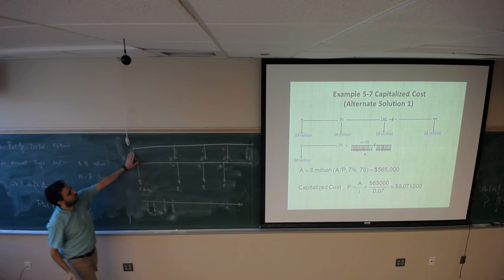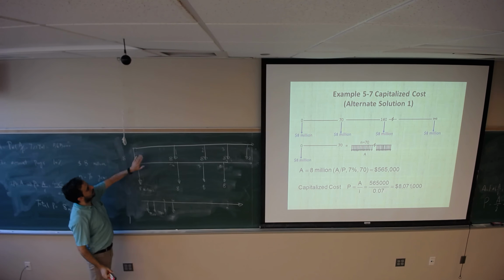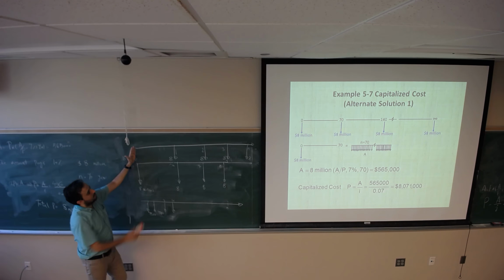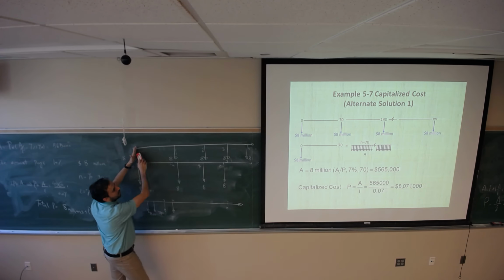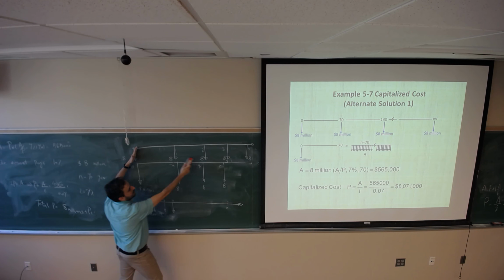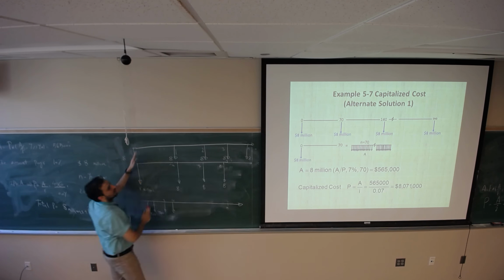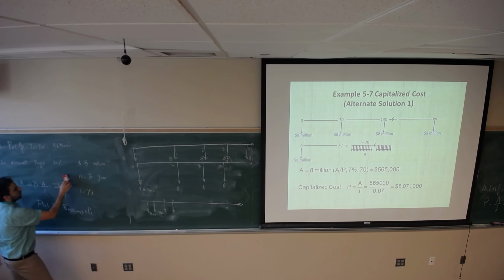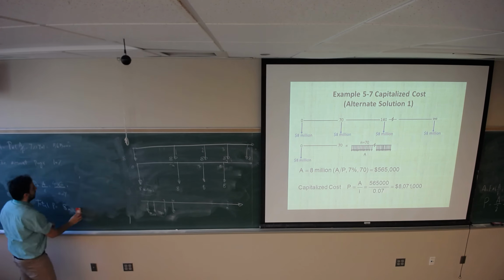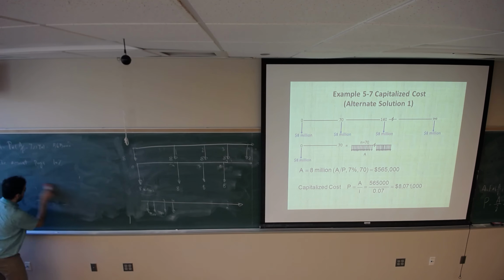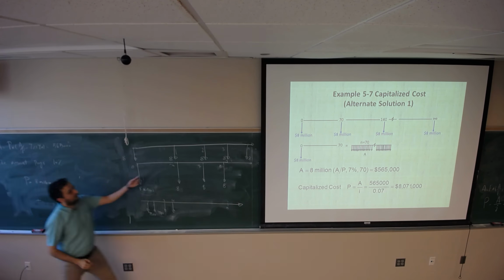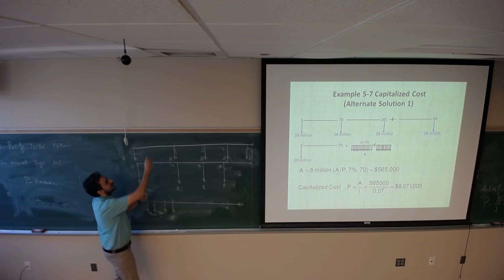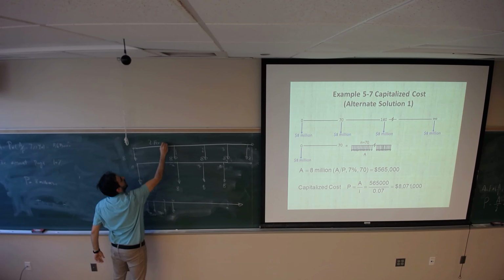Now, if you don't look at this $8 million at time zero, I can see a repeated cash flow diagram, 8, 8, 8, with the period of time of 1 through n. So I can find the present value for this by 8 millions plus A divided by the interest rate per period of time.